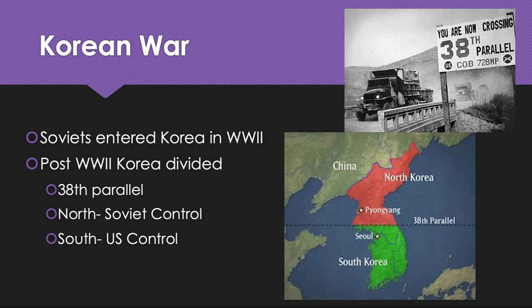But what happens in Korea is kind of representative of the entirety of the Cold War. We see in August of 1945 the split in Korea occur, and by the end of the decade, there are going to be two states that had formed on the peninsula.